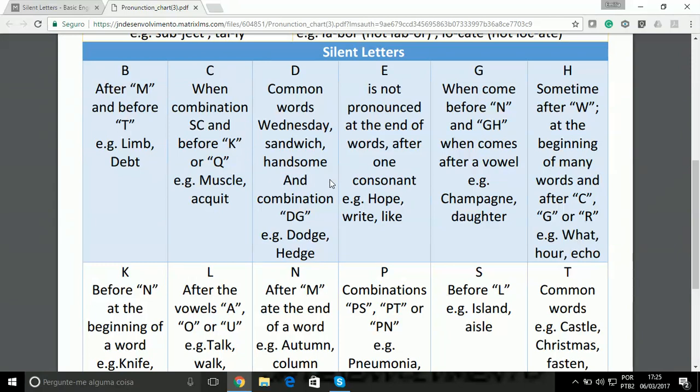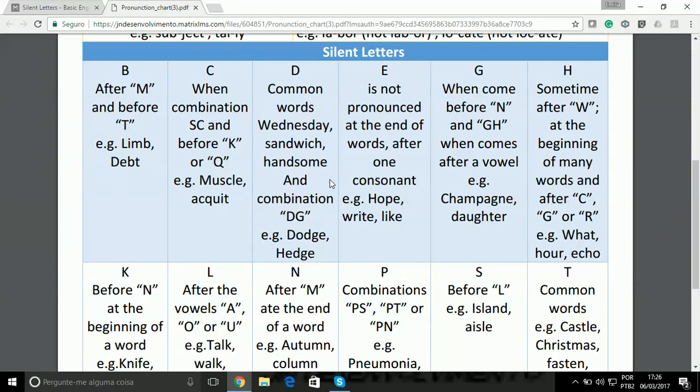In the case of the E, very important, it's always at the end of the word when it comes after one consonant. And remember that our first vowel has a long sound. So we say hope, ride, like.